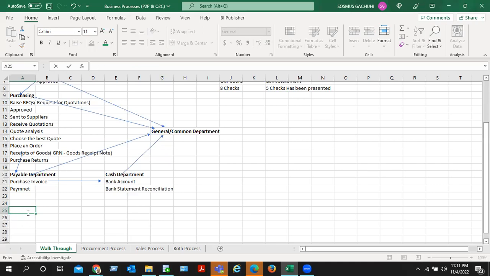So what we usually have is an asset department. Once the information has been received under the payables department, this information will have to be communicated to the asset department.